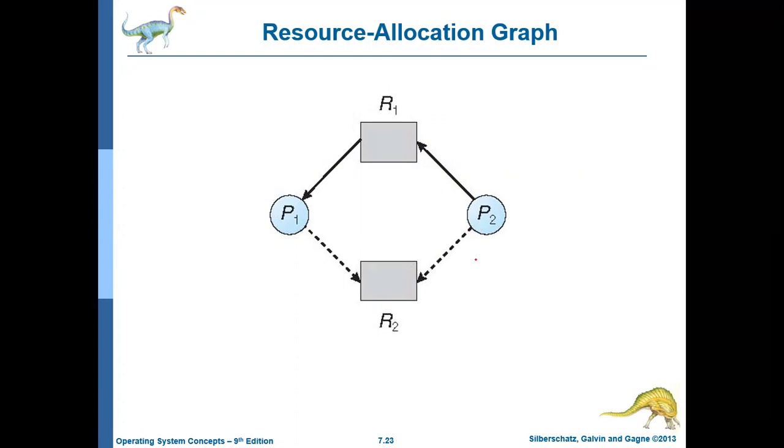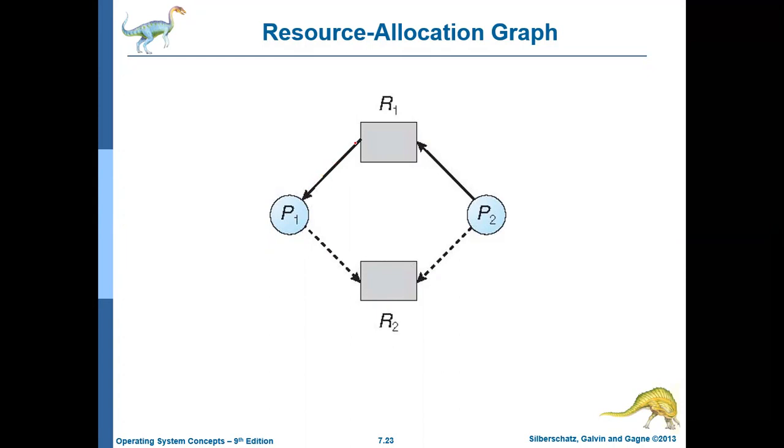So let us see this graph. It represents that there are two processes P1 and P2, and two resources R1 and R2. We have only one instance of R1 and one instance of R2, because there are no squares inside.